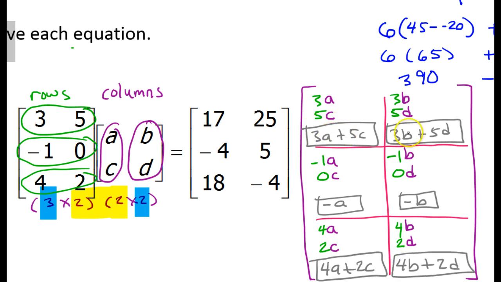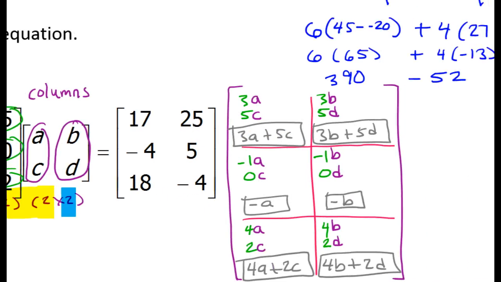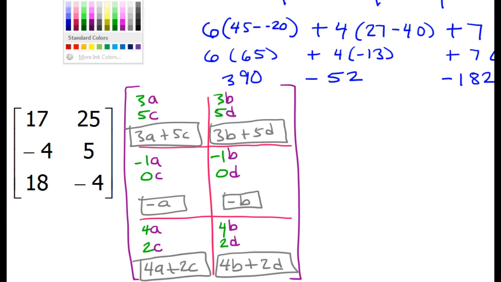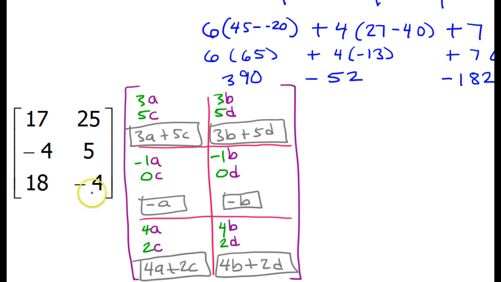Now, each of these entries has to equal the corresponding entry in this matrix, because these are supposed to be equal. So let's see if we can use that to find some of these variables. Let's start with the easy ones. For example, this entry corresponds to this entry.